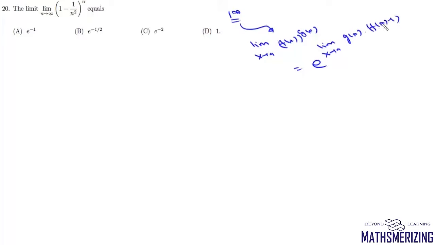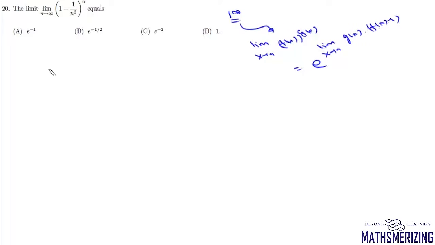Now question number 20 is, we need to find this limit, which is limit n tends to infinity (1 minus 1 upon n^2) to the power n. Now the form of this limit is 1 to the power infinity, and if the limit is of the form 1 to the power infinity, we can use the direct shortcut: limit x tends to a of f(x) to the power g(x), if it is of the form 1 to the power infinity, we can write this as e to the power limit x tends to a of g(x) times (f(x) minus 1).